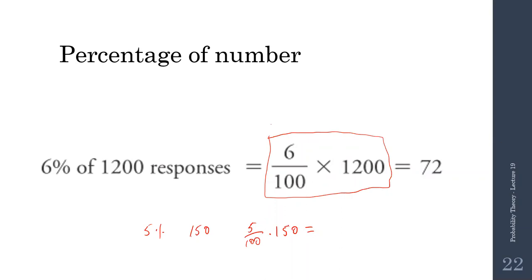We can cancel the zeros here. 5 over 10 times 15, which we got the result. If we cancel by 5, we got 2 here. 15 times 2 gives us 7.5.